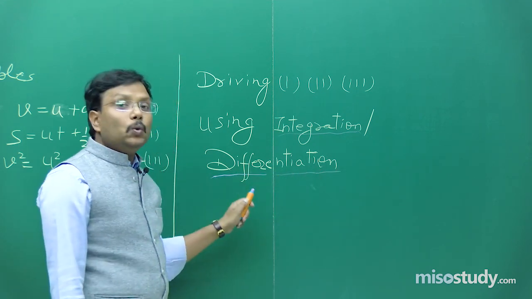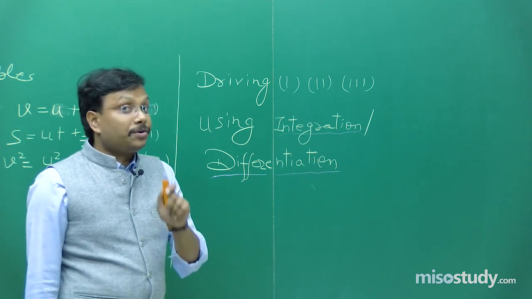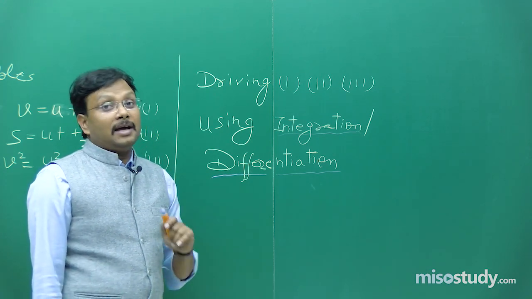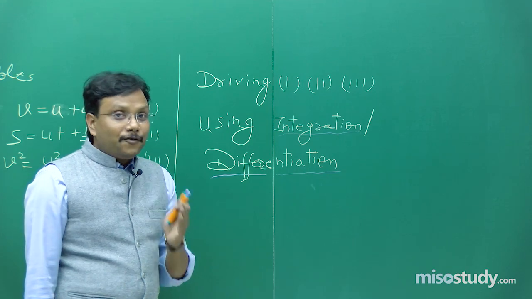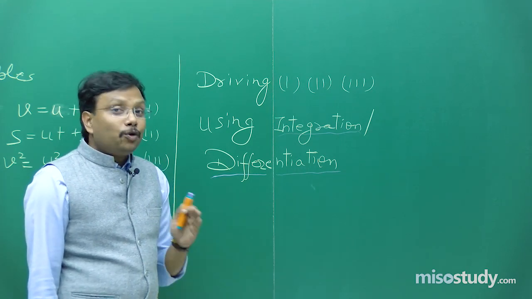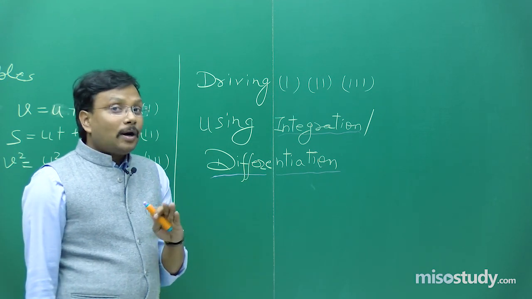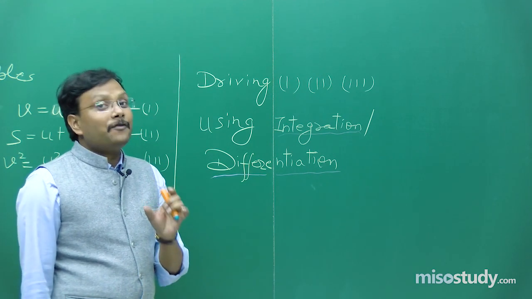These are the two methods that we will use. That is why, if you try to recall, in initial classes I explained differentiation, integration, and how to put limits: upper limit minus lower limit will give you the final function values.